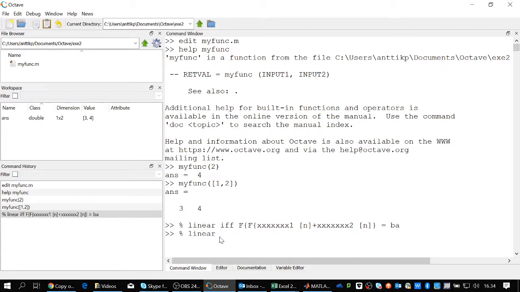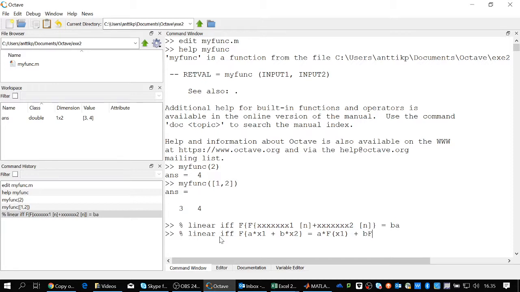It's linear if and only if my function, when I give it a scaled input, a times x1, added with another scaled input, would be the same as this scaling product goes out, and then we have the first input and plus.